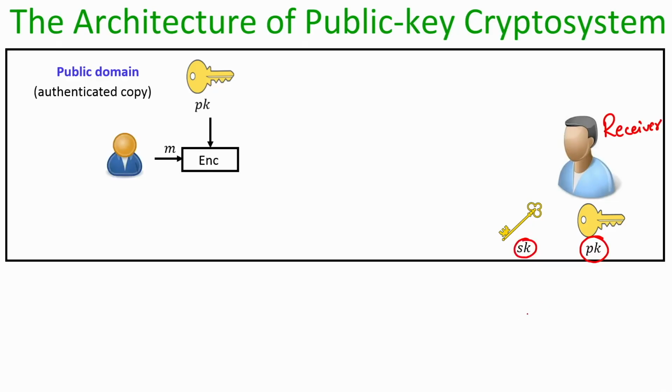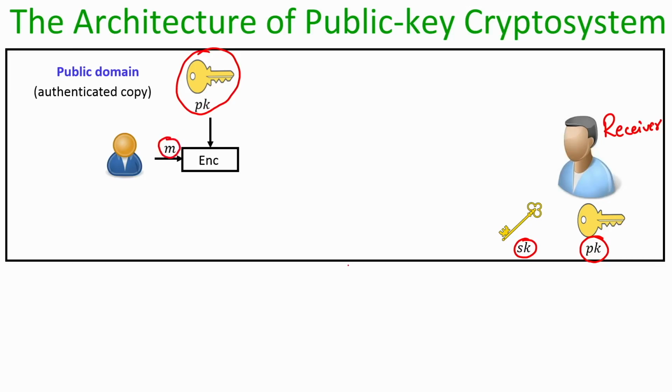Now, in this system any person who wants to encrypt a message for this receiver will look for the copy of the public key in some public domain, say for example, a telephone directory or the home page of the receiver.